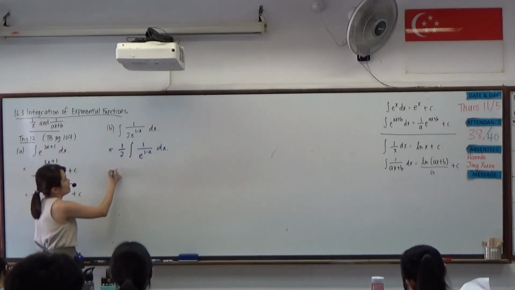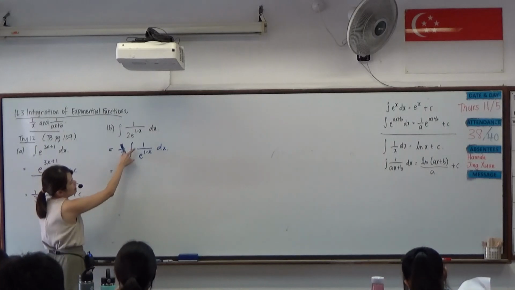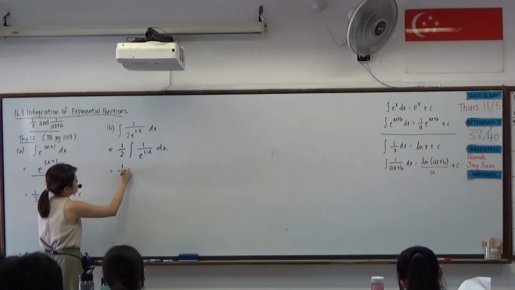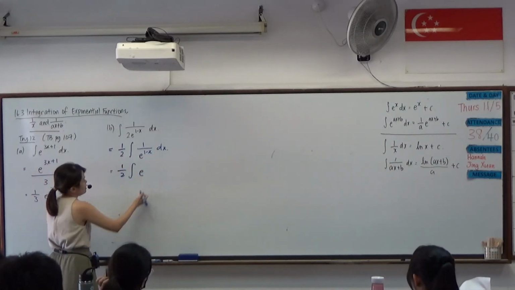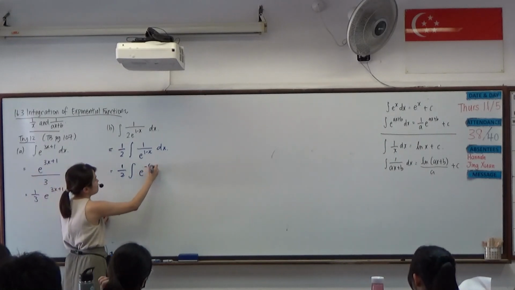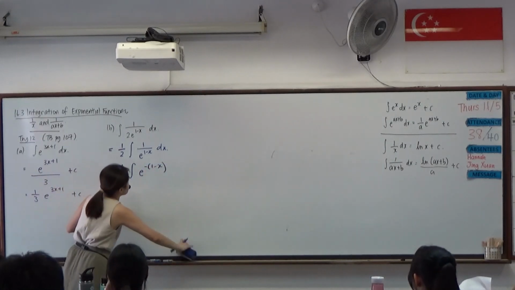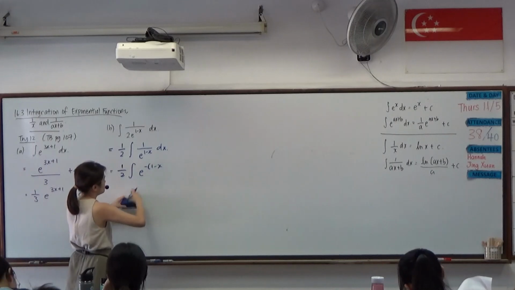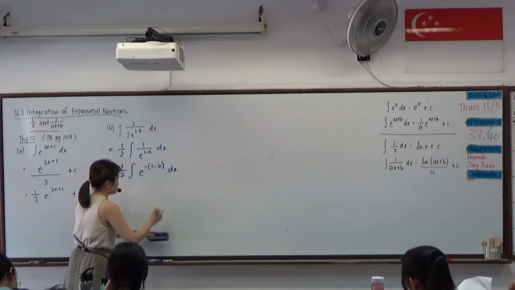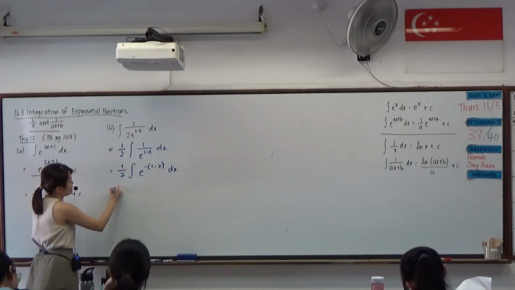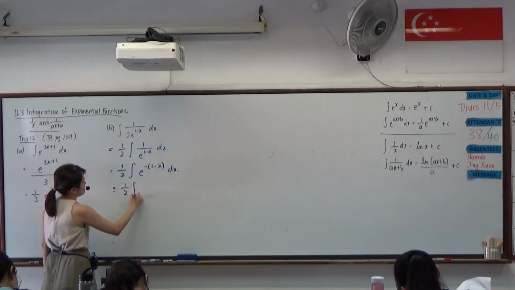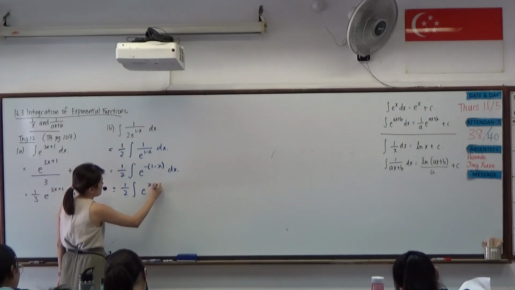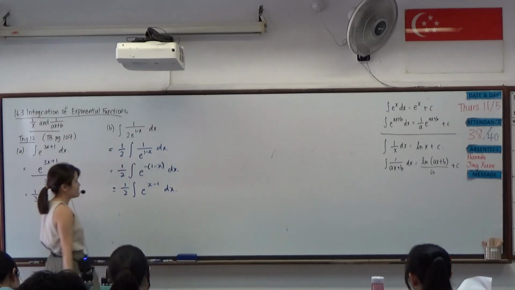And 1 over e to the power 1 minus x is the same as taking e to the power of negative of 1 minus x, which simplifies to half, integral of e to the power of x minus 1 dx.